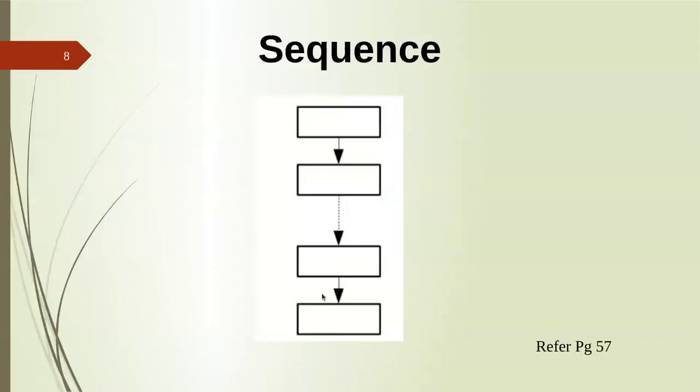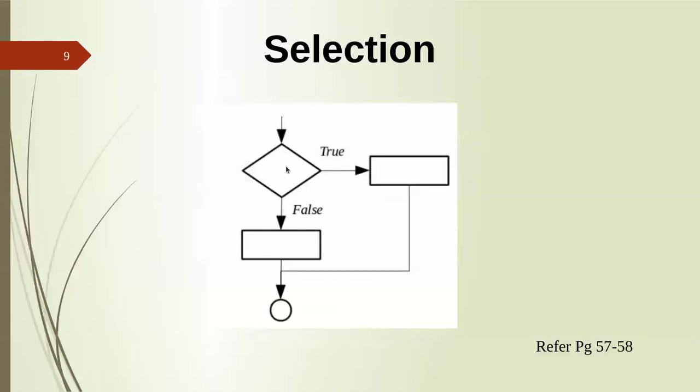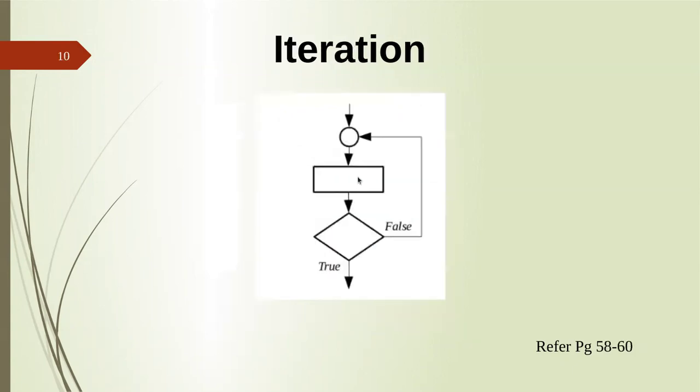Sequence is step by step, sequentially. We write sequentially. Selection is a condition. If this condition is true, one process; if it is false, another process. Then exit. Entry, check whether the condition is true or false, and according to this condition, we process two different programs separately.